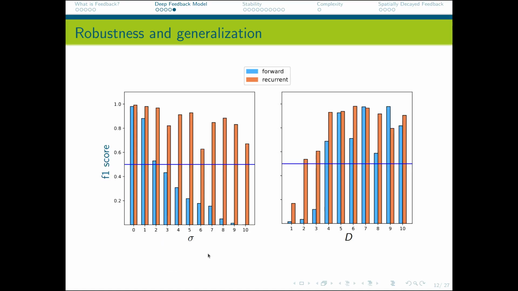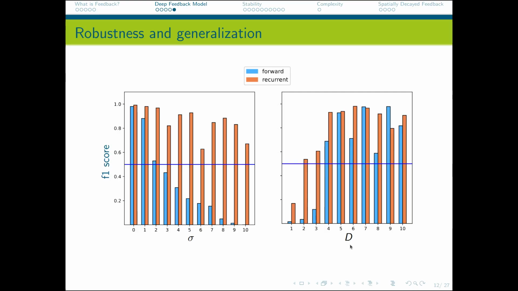So here we have the F1 score for this task of segmentation. On the left you have the noise changing, and the y-axis is the F1 score. You can see that in cyan is the performance of the feed-forward model, which degrades really quickly. In contrast, the feedback model is able to perform above random for all of the levels of noise that we tested.